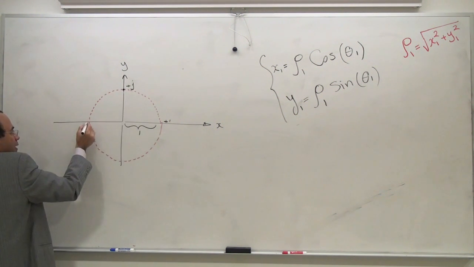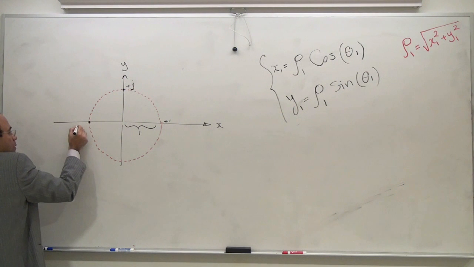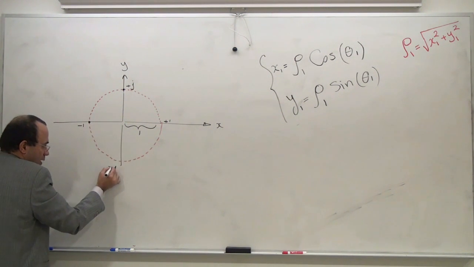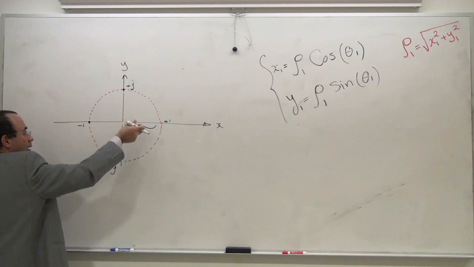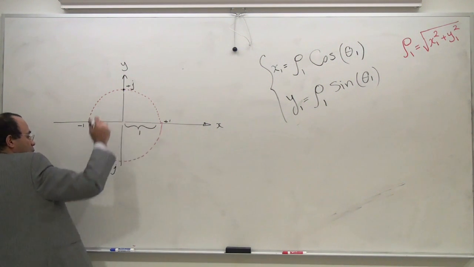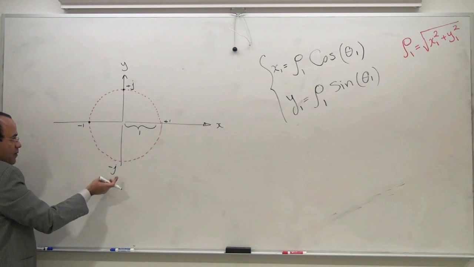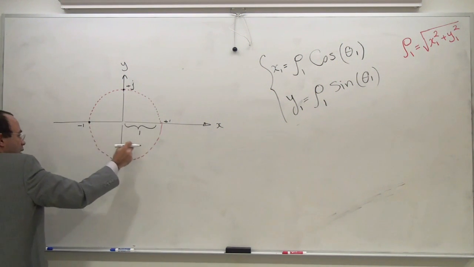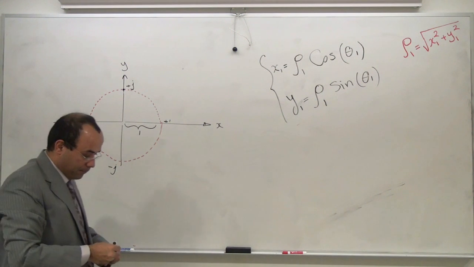As I go through this, I'm going to be here, and that's going to be minus 1. The length is still 1. As I continue, this is going to be minus j, and still the length is 1. The length is 1, but it is actually moving around. Plus j, plus 1, minus 1. First, second, third, fourth quarter.